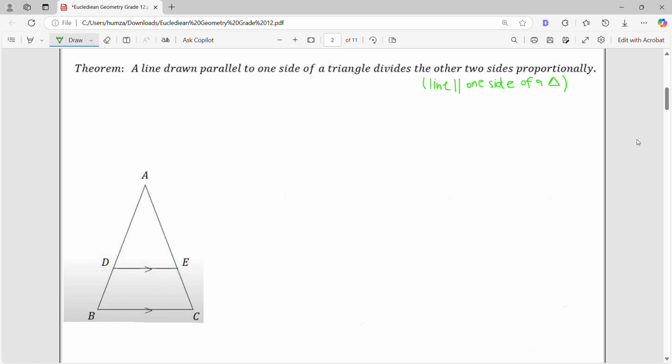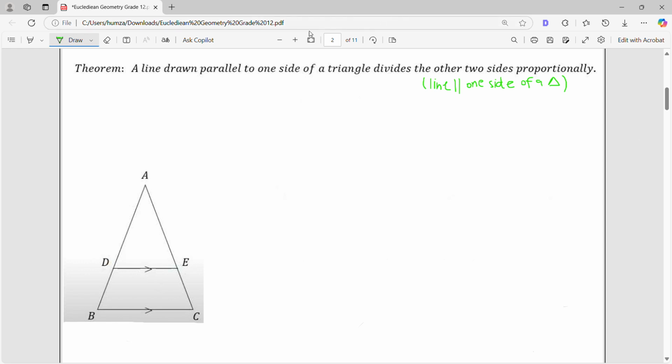Now we need to prove the theorem. For us to prove the theorem, we need to find the given part first, and then we can use those given parts to prove the theorem. So in this case, we are going to look at this triangle diagram.